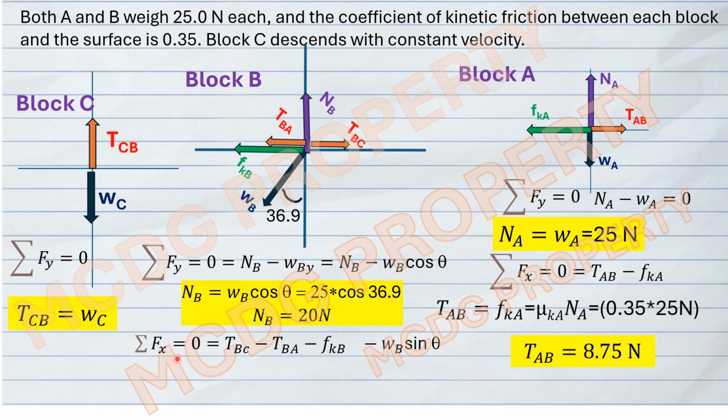The forces along the x, the sum is 0, and that will be equal to TBC, which is positive because it is along the positive x-axis, minus TBA, or the tension between A and B, which is negative because it's to the left, or negative x-axis, and the force of kinetic friction between block B and the surface is also negative, along the negative x-axis, and the x component of the weight. The x component of the weight is WB sine theta.